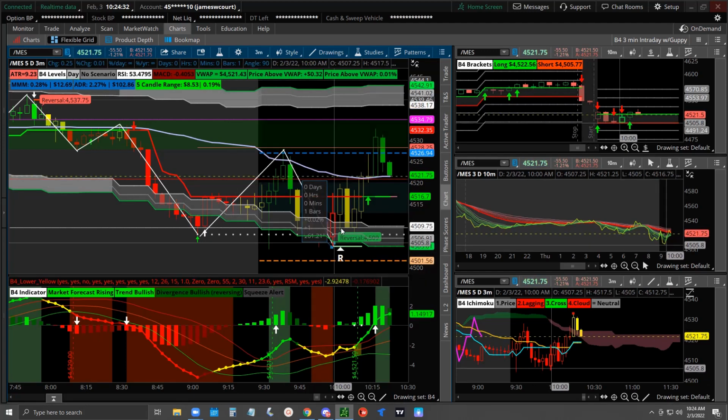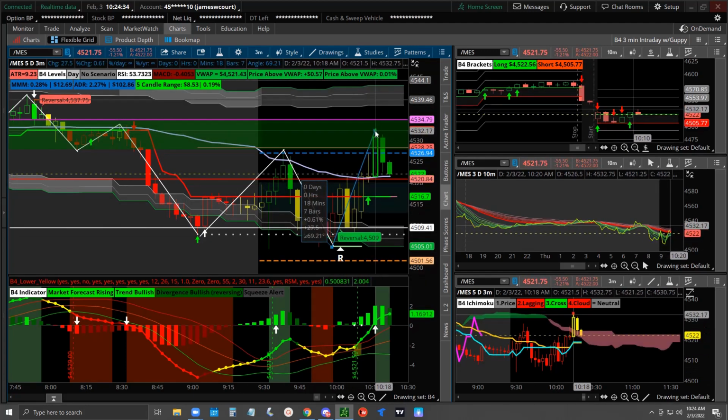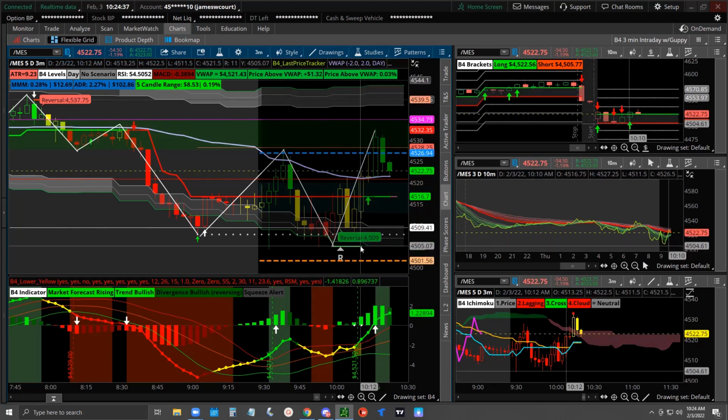If they do close it very bearish, then this will come down. But it may not come down too much because it's a strong leg.